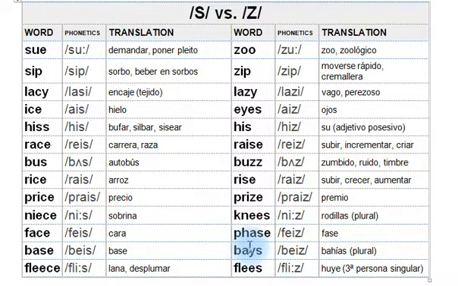Face, phase. Base, bays. Fleece, fleas. And like any other vowel or diphthong which ends in a voiced sound, like all of these in this column, the preceding sound is always a little longer, even though it's the same sound. It takes more effort to make the sound, and that makes it a little longer.